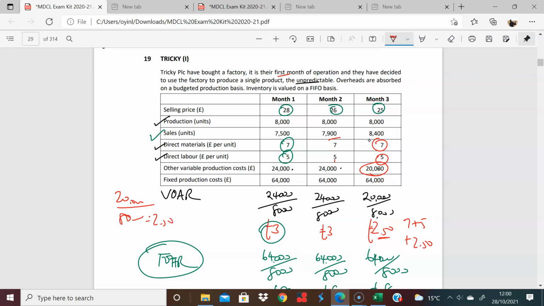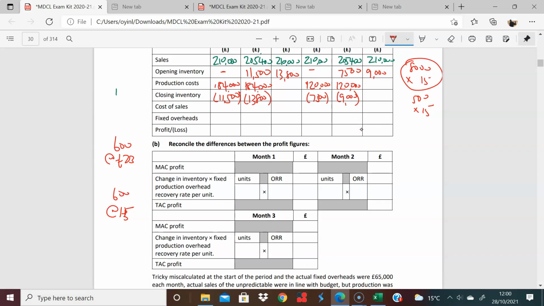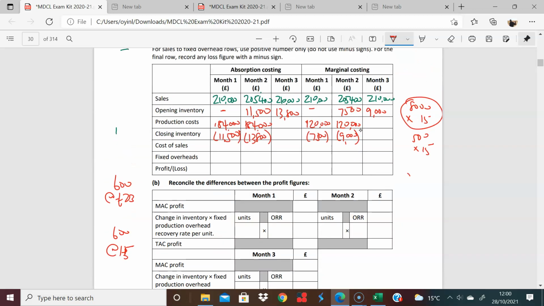So the full cost of production is 7 plus 5 plus £2.50, which is £14.50. So when you make these 8,000 units, you're multiplying them by £14.50 for this. But for here, it's £22.50, forgive me. So your production here is 8,000 times £22.50, and that is 180,000 here.